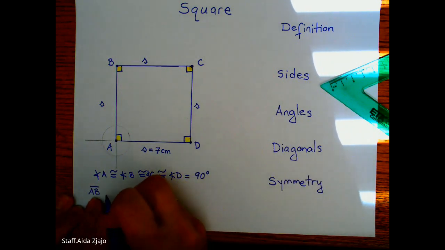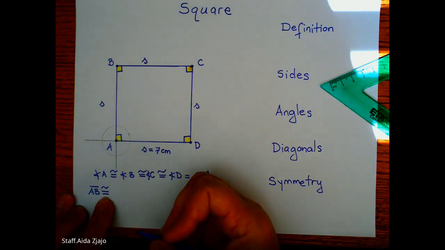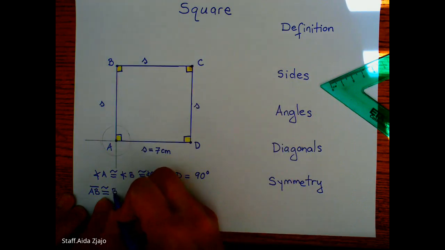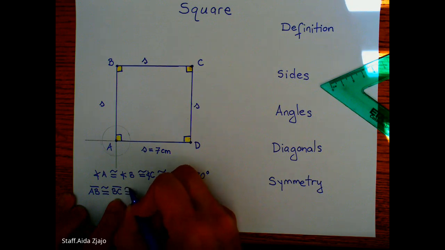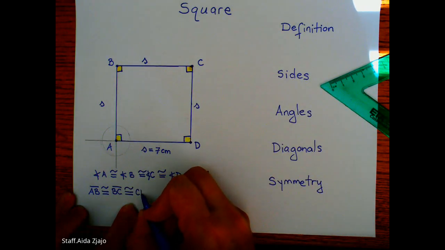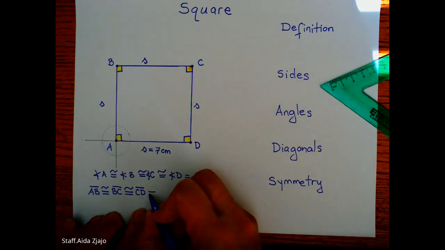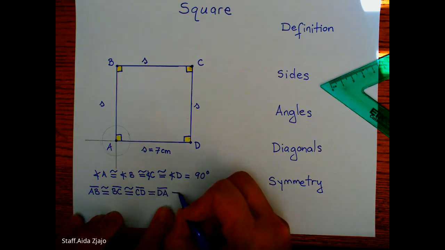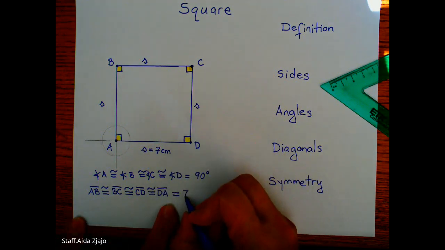Line segment AB is congruent to, this is the symbol for congruency, line segment BC. And line segment BC is congruent to line segment CD. And line segment CD is congruent to line segment DA. And they're all equal to 7 centimeters.